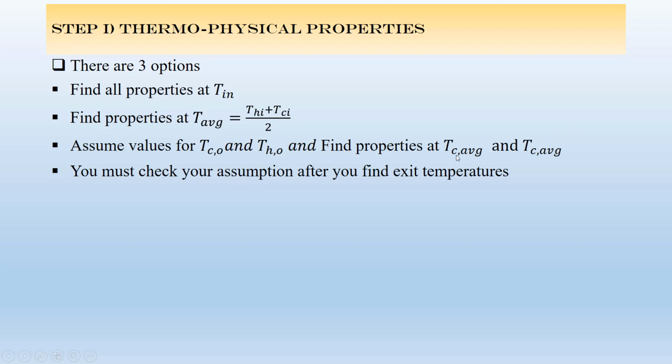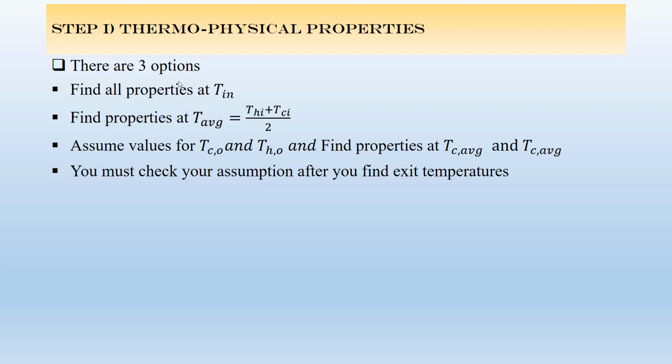So this is a typo, I should correct it. This is actually the T_H average and the T_C average. Now, for this problem, you can use one of these three methods. And then after you solve the problem, you need to find the exit temperature, and then you need to find the new average temperatures.